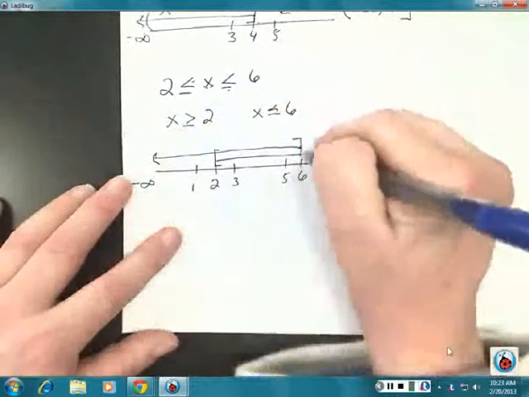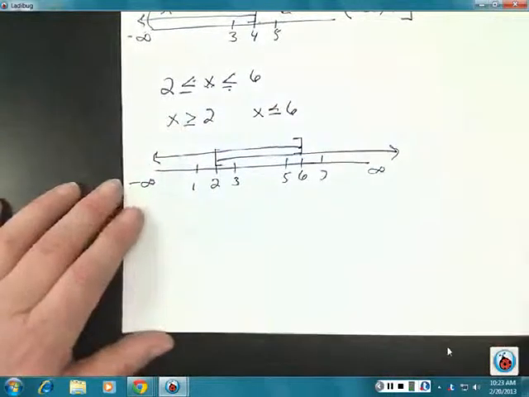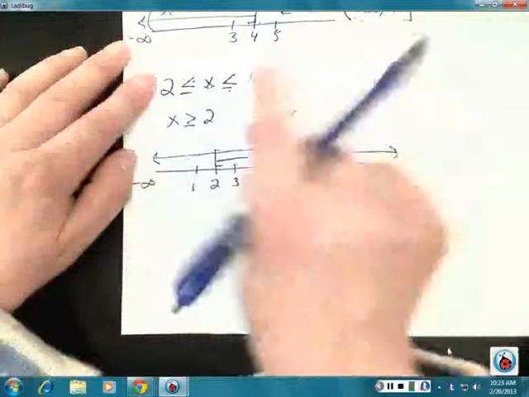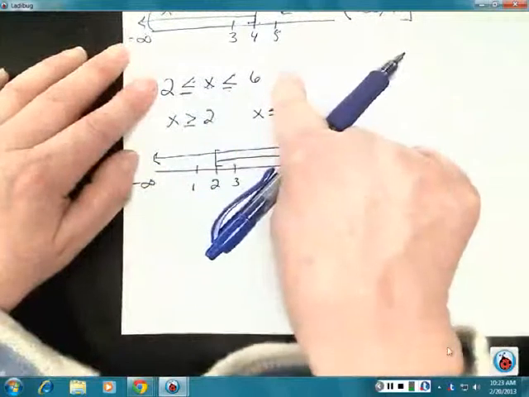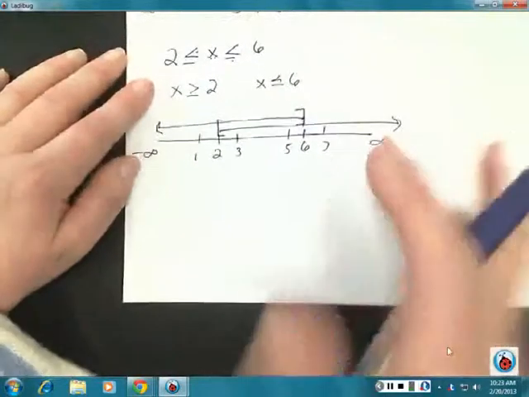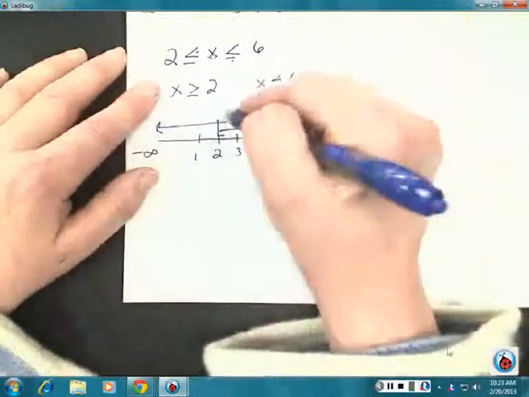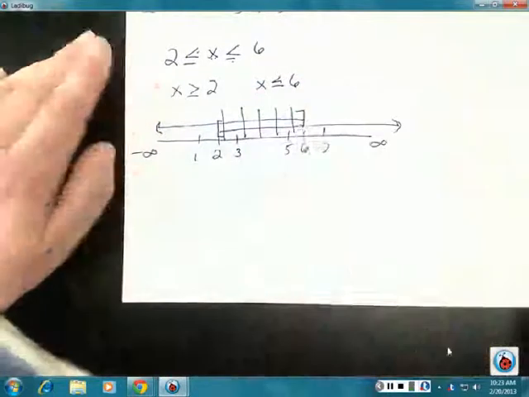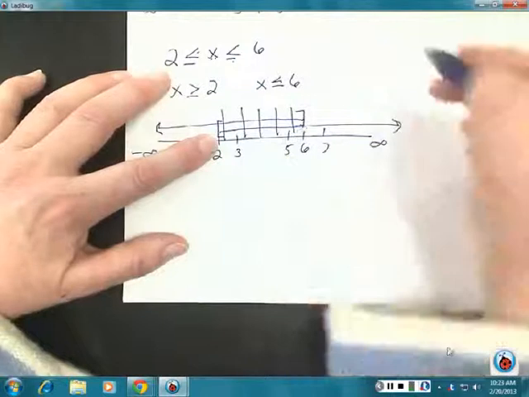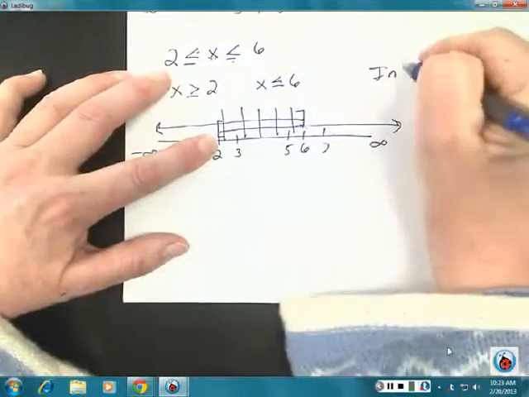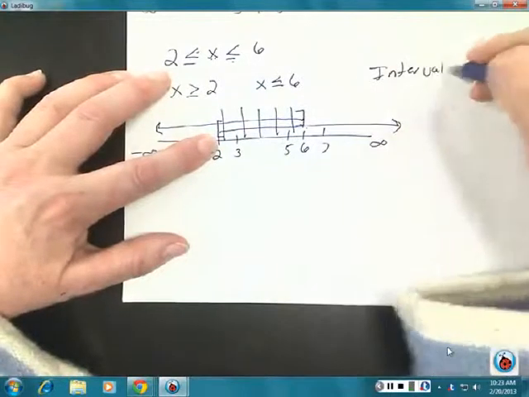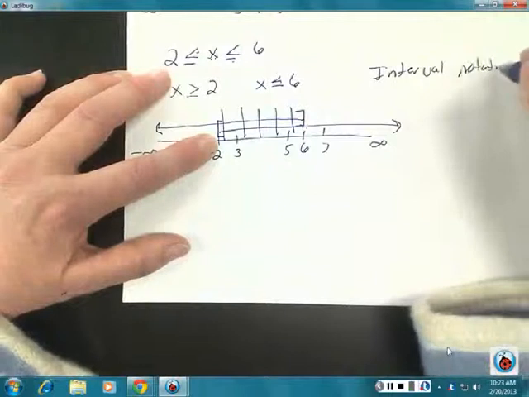A bracket. So what really makes this solution true? Because it has to equal both things. So what makes it true? Anything between the 2 and the 6? Yeah. So in between these two, if I went to interval notation, what would I have?